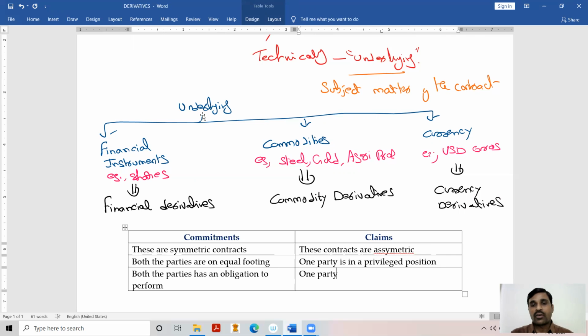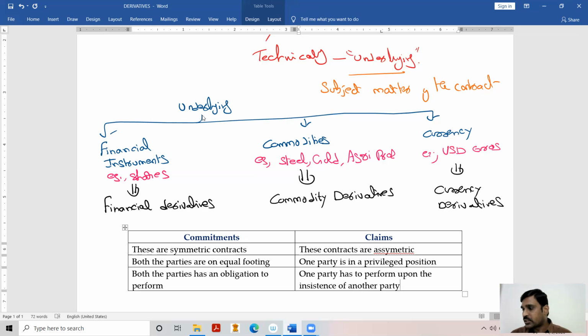In claims, one party has to perform upon the insistence of the other party. One party has to perform if the other party insists. That means the other party is in a privileged position. The other party does not have an obligation.